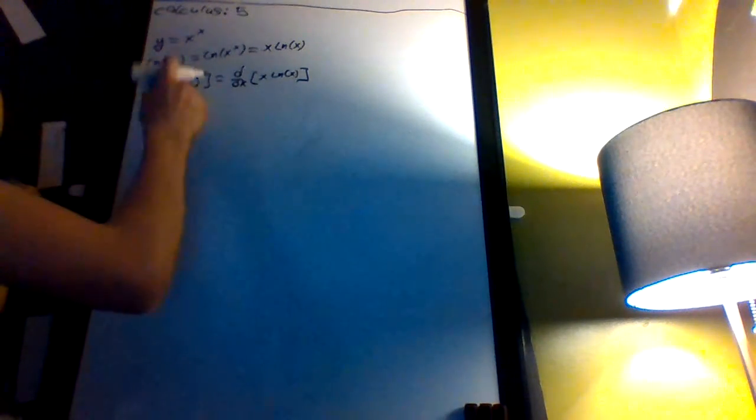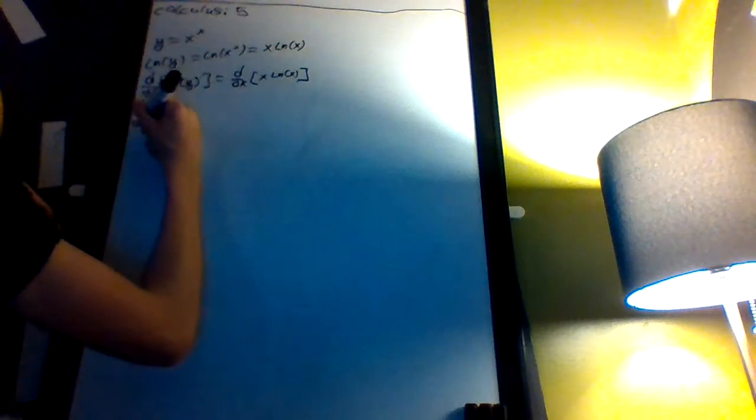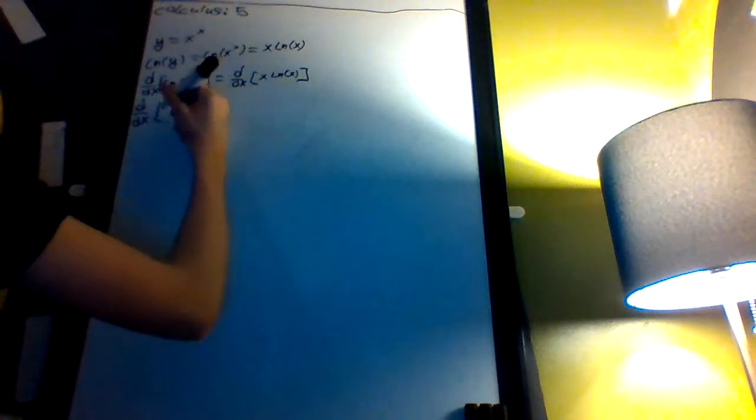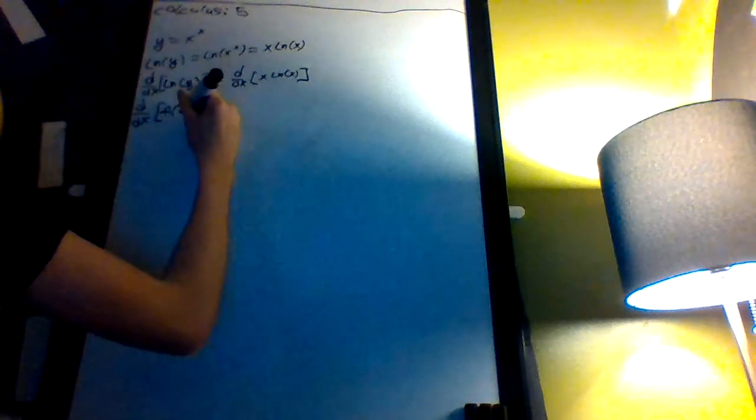Now what should we do? Well, this is just the chain rule, because this is the natural log. This is some f of y of x, right?